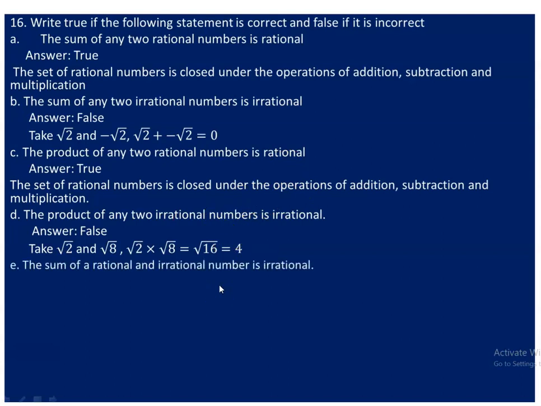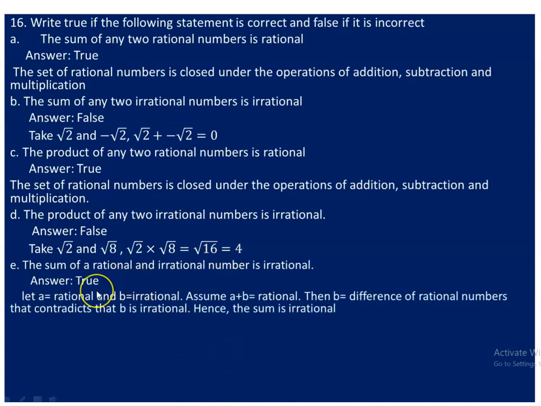And coming to the next one, it says the sum of a rational and an irrational number is irrational. What can you say about this, students? Do you agree with this? I hope your answer is true, because whichever rational and irrational number you take, the sum or the difference is always going to be irrational. Let me clarify this by using the concept of contradiction.